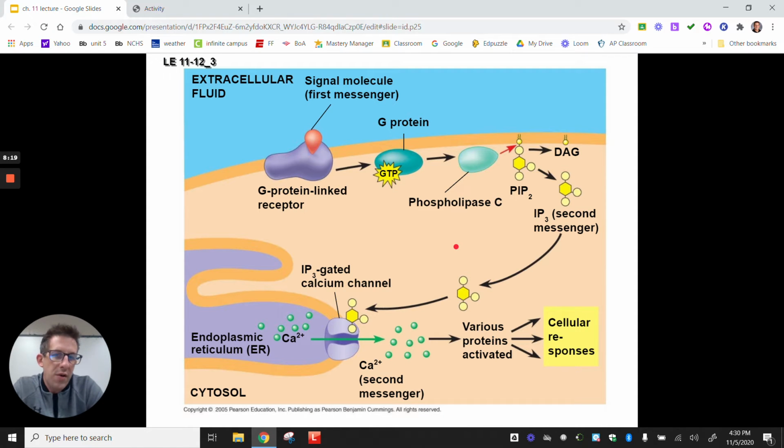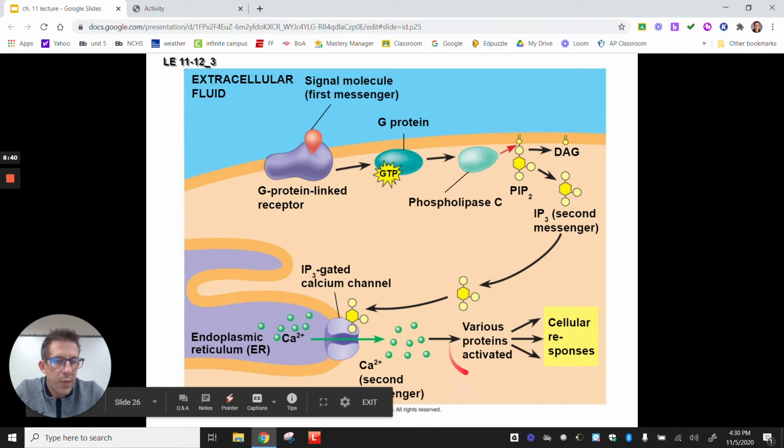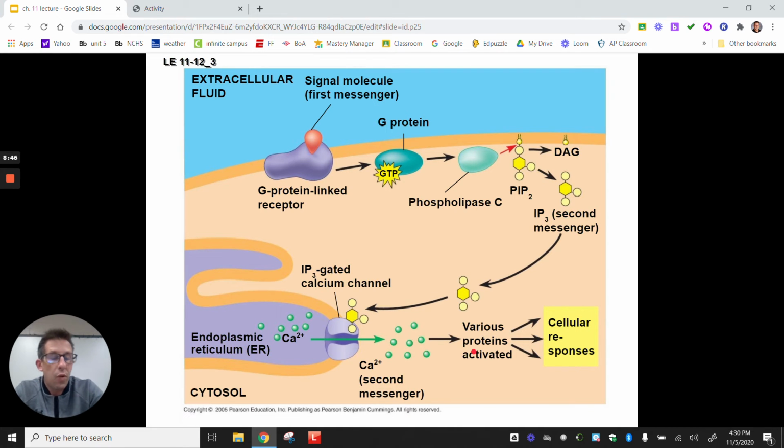It's seen even better here with IP3 and calcium. Okay, IP3, here we see the G protein-linked receptor complex. Okay, all this stuff is part of the G protein-linked receptor complex. And we have IP3 down here, which acts as kind of like the go-between for our pathway. Okay, the pathway is right here. So, you know, these two diagrams actually show quite a bit of detail, especially the one you're looking at right now.